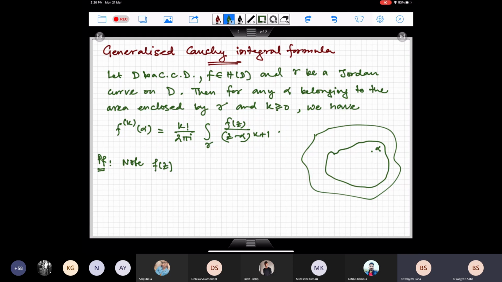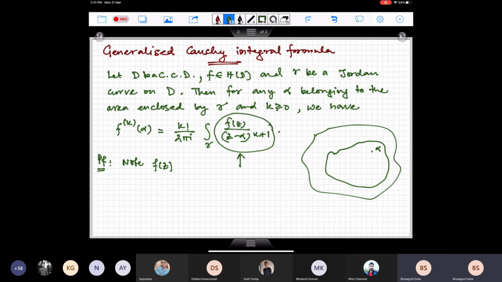So I will apply the Cauchy residue theorem. Now if I want to apply the Cauchy residue theorem, look at the integrand: which point do you think is a singularity for this particular function? What is that point? Alpha. Alpha is the singularity, right?